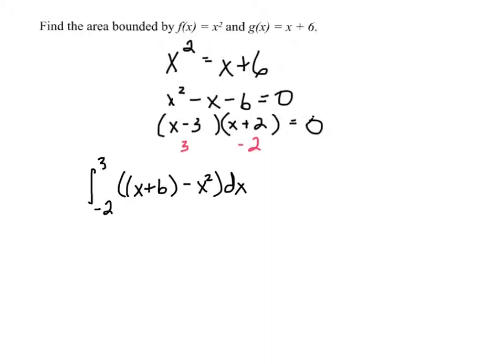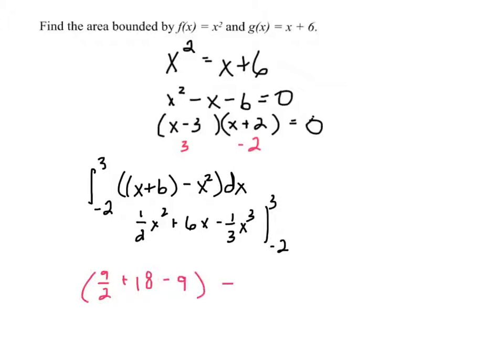Now, to do this by hand, we need the antiderivative, so 1/2 x squared plus 6x minus 1/3 x cubed, evaluated at 3 and -2. If we plugged in 3, we get 9/2 plus 18 minus 9. If we plugged in -2, we get 2 minus 12 plus 8/3.